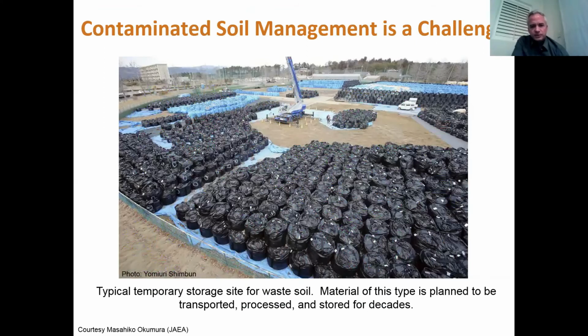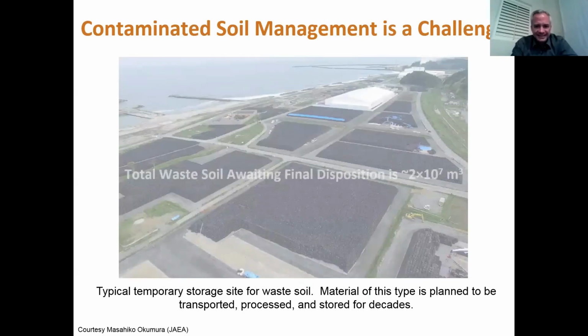Fast forwarding to present day, the Japanese have been remarkably efficient at scooping up about the top 3 meters of soil in every accessible area that has been contaminated. And they have soil bags in temporary storage facilities that look basically like this. These are awaiting final disposition.